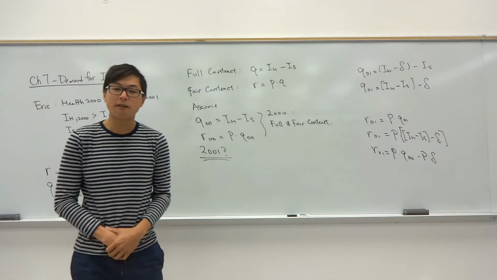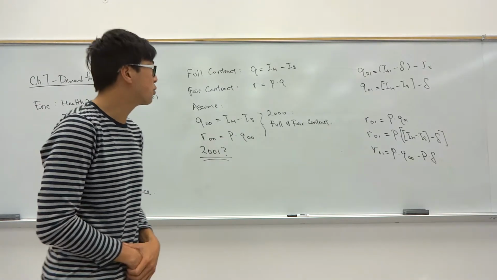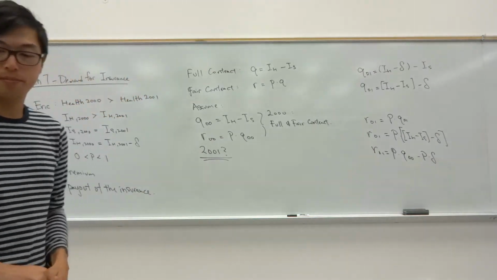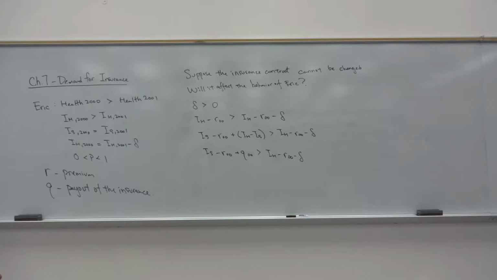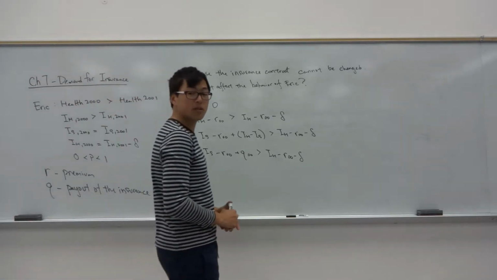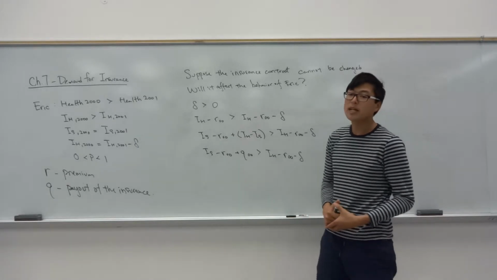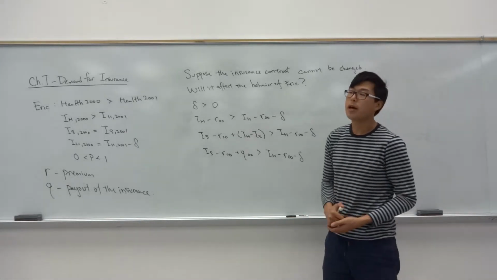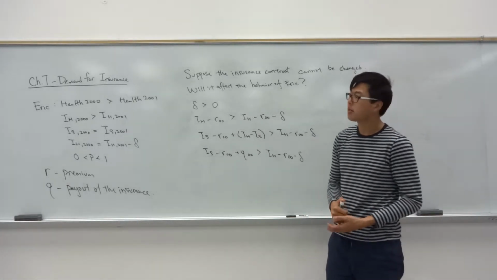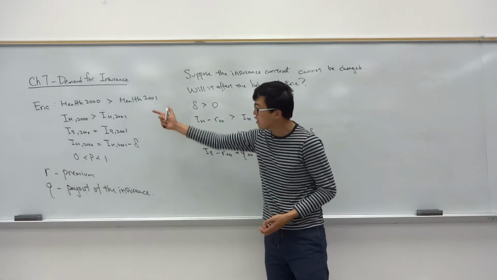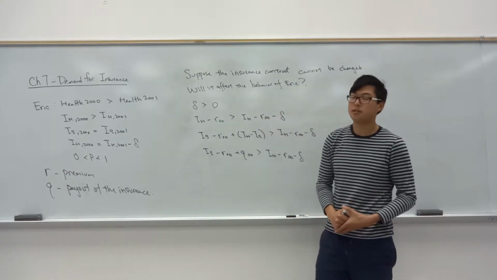Well, we are going to discover one more case in this situation. In the previous questions, we asked what if the insurance company has the right to change the policy according to the healthy income earned by Eric in different years.